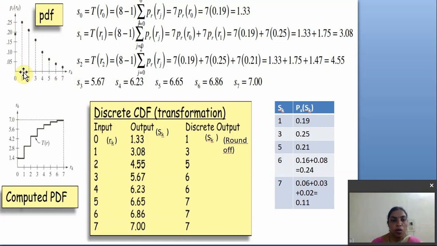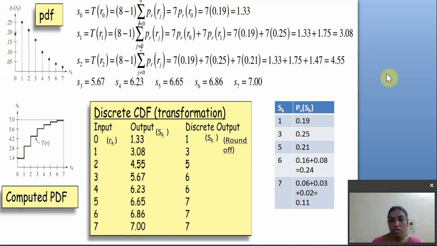On the x-axis take r_k, with values 0, 1, 2, 3, 4, 5, 6, 7. On the y-axis take p_r of r_k, which is in the 0 to 1 range. You could take 1 as the maximum and use a uniform scale like 0, 0.2, 0.4, 0.6, 0.8, 1.